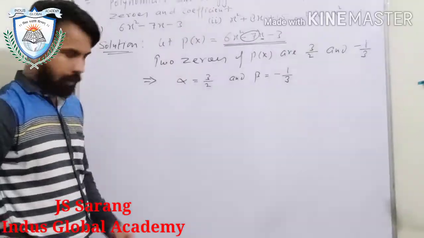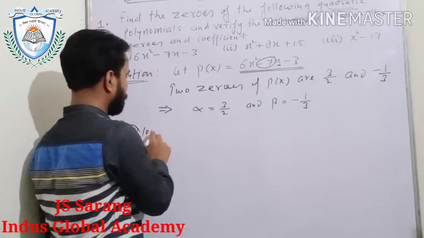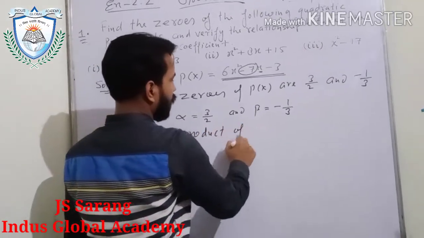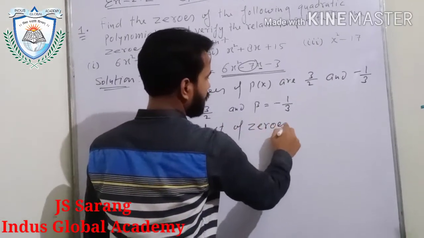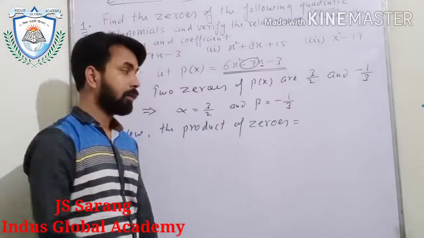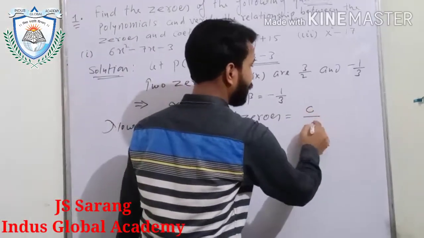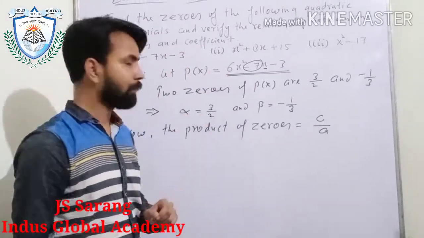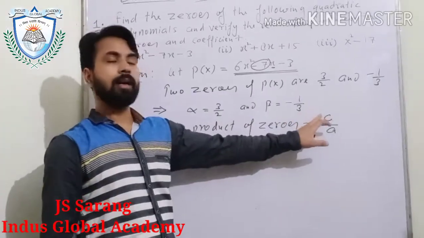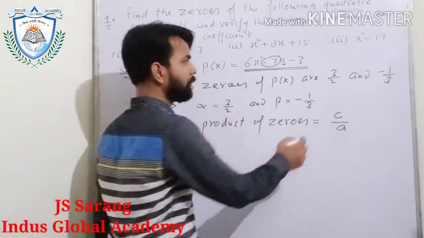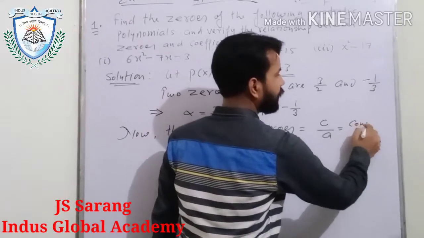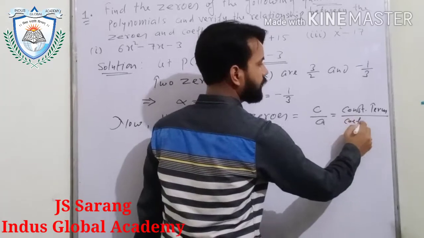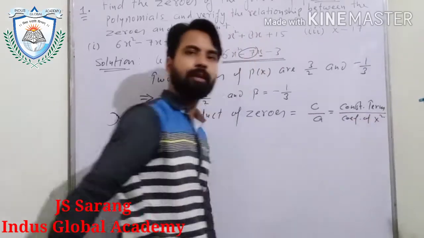Now the product of zeros. The formula was c upon a. I explained it to you in the last video. So the product of zeros formula is c upon a. What is c? c is the constant term and a is the coefficient of x square.